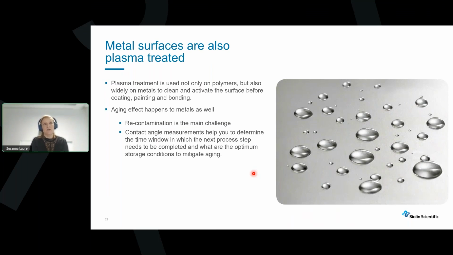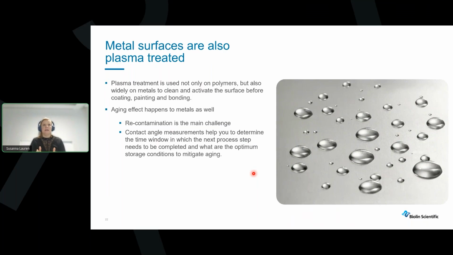Also, it's good to understand that with polymers, the aging effect actually comes from the fact that the molecules in the bulk of the polymer rearrange so that the native molecules come back to the surface, and that causes the contact angle to go back to, let's say, not necessarily all the way to the original state, but at least closer to the original state.